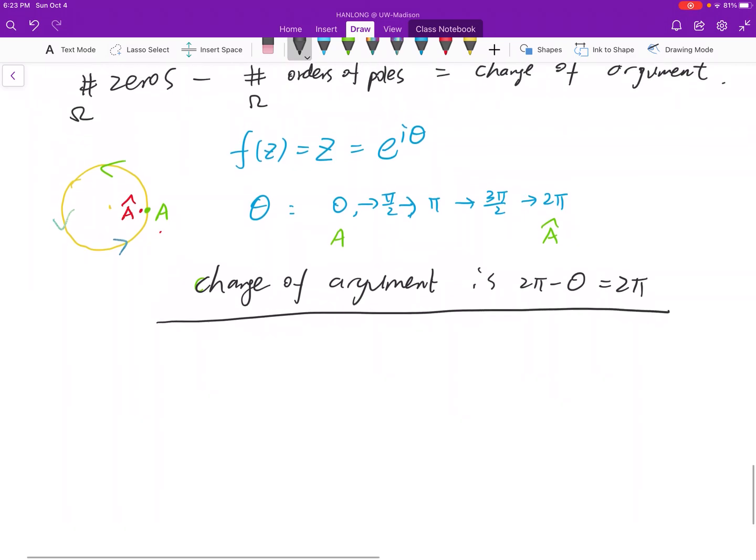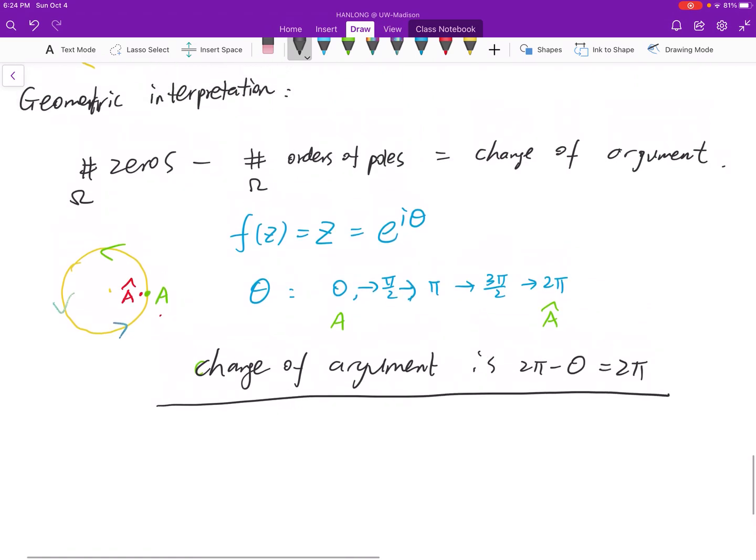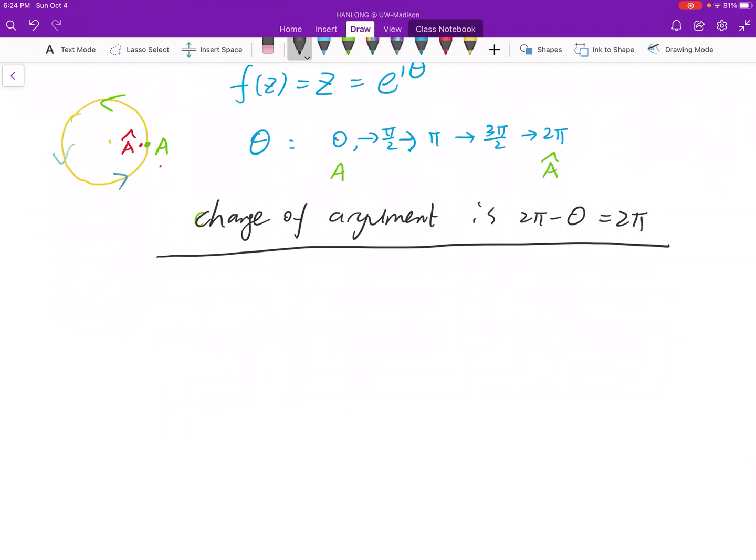Okay, and then here I missed, you have 1 over 2 pi here. We should normalize it. Therefore, we have the conclusion: the number of zeros minus the number of orders of poles inside omega, inside the disk actually, is 1.